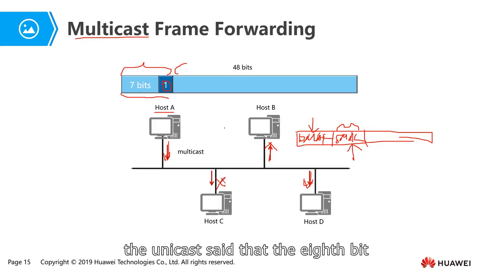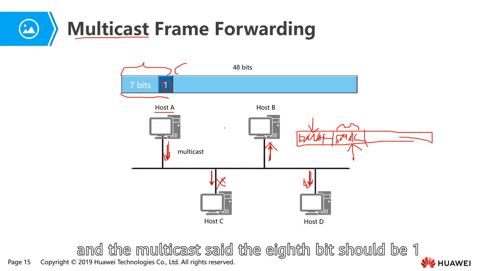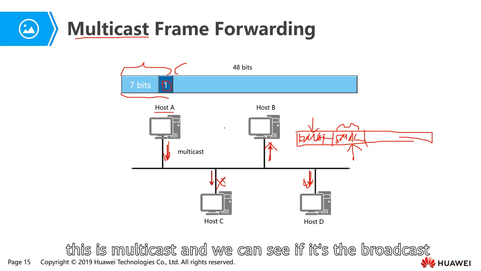The unicast said the eighth bit should be 0. This is a unicast frame. And the multicast said the eighth bit should be 1. This is multicast.